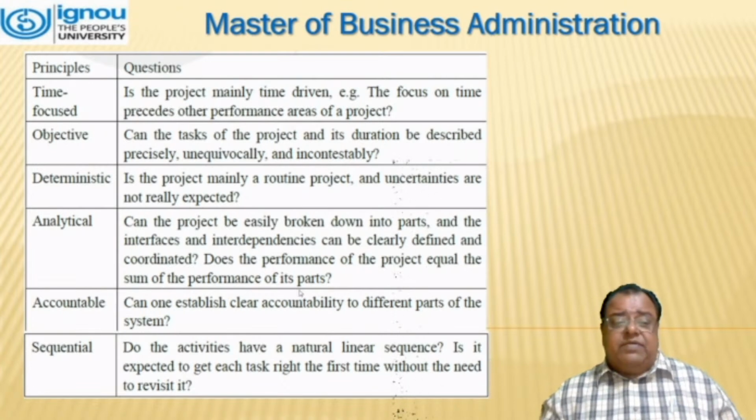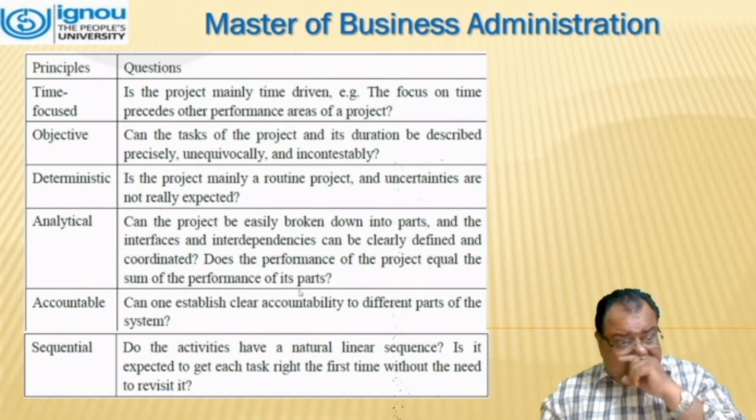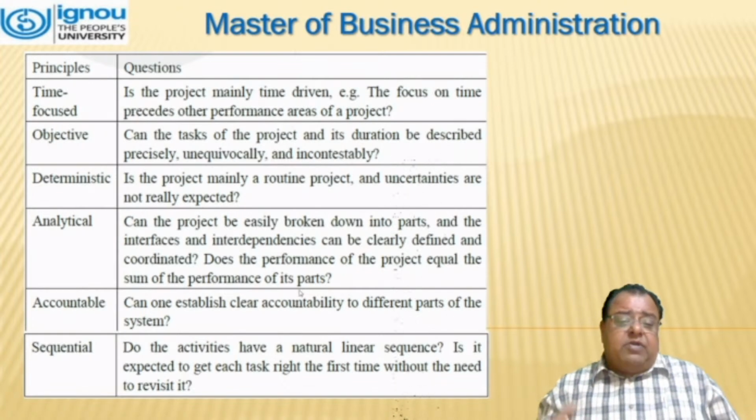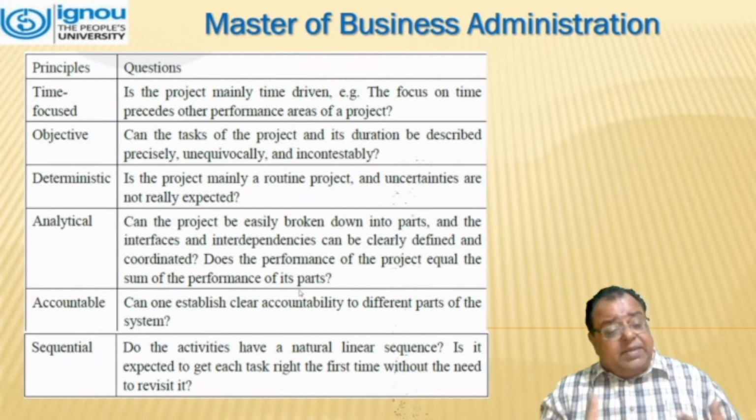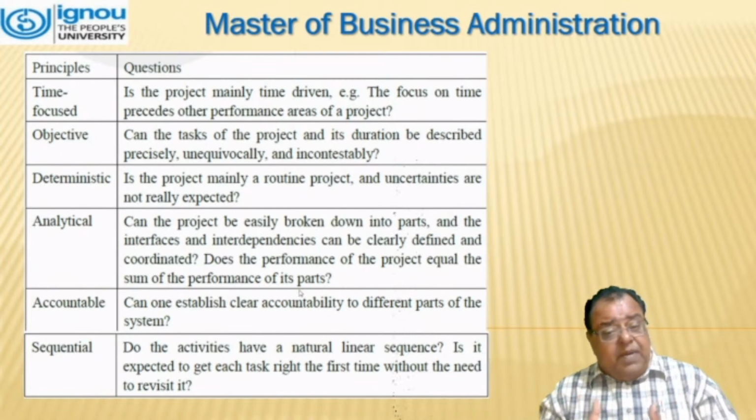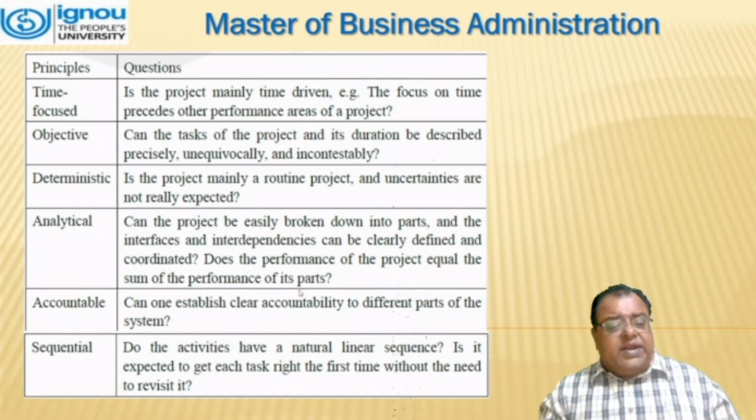What is the objective? Can the tasks of the project and their duration be described precisely, unequivocally, and consistently? Deterministic. Is the project mainly a routine project and uncertainties are not really expected? Analytical. Can the project be easily broken down into parts and the interfaces and interdependencies clearly defined and coordinated?